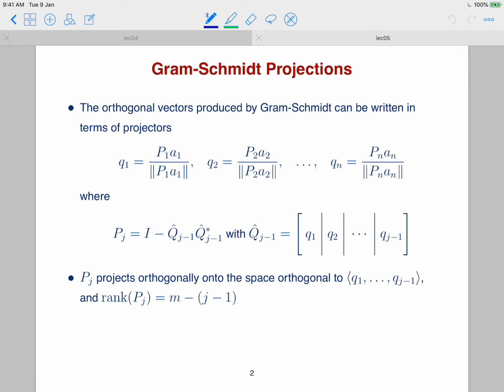Interestingly, it is related to our projection operator, or this complementary projector I minus P.